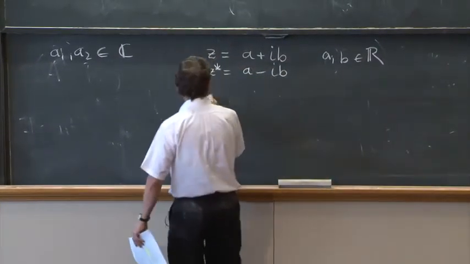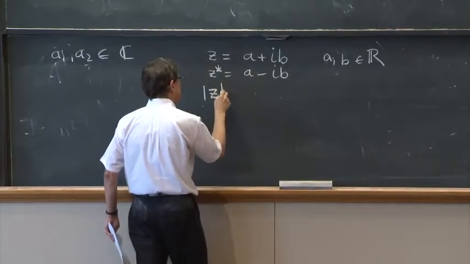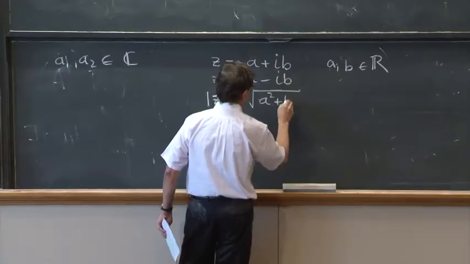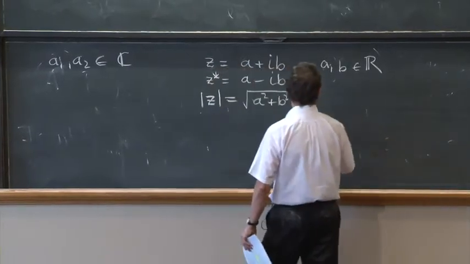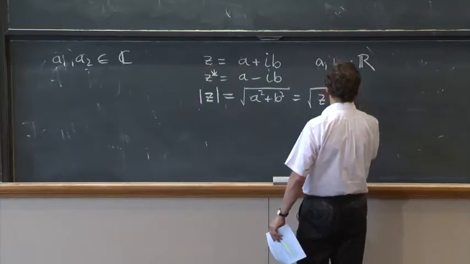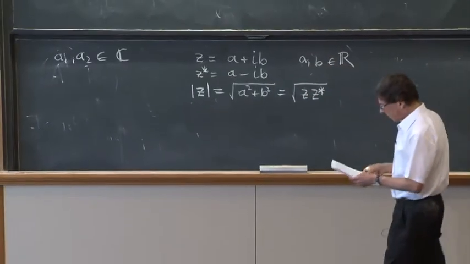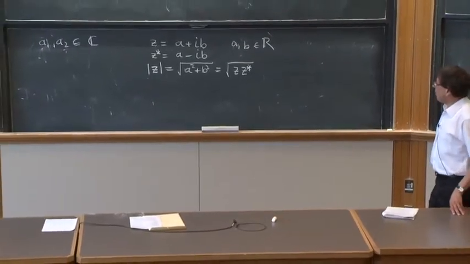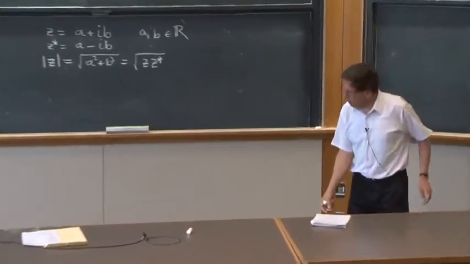And there's the definition of the length of the complex number, which is the square root of a squared plus b squared, which is the square root of z times z star. So that's for you complex numbers.